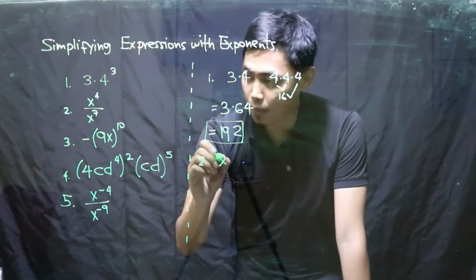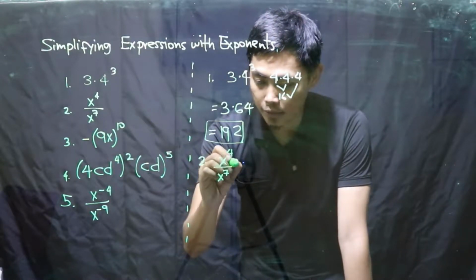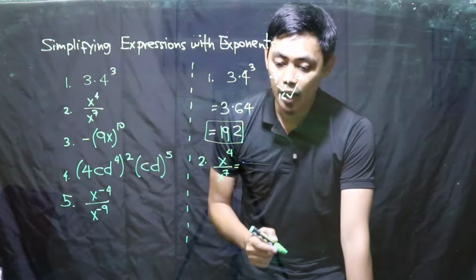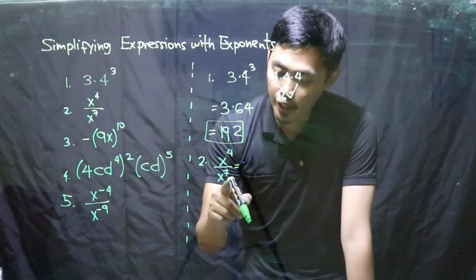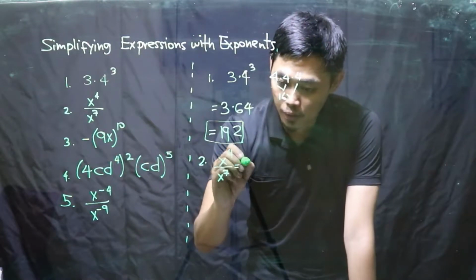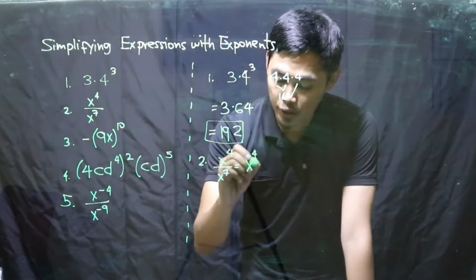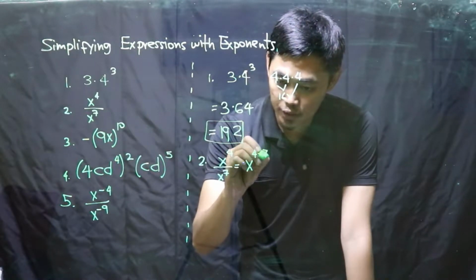We have x to the power of 4 over x to the power of 7. I have told you that using the quotient rule, we can write x to the power of 4 minus 7.